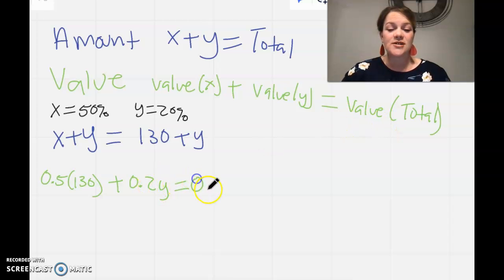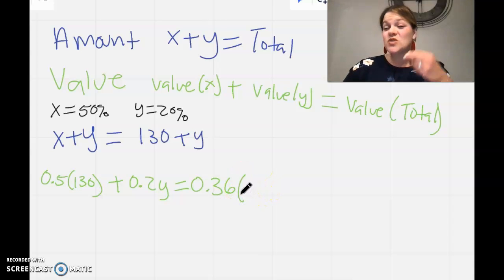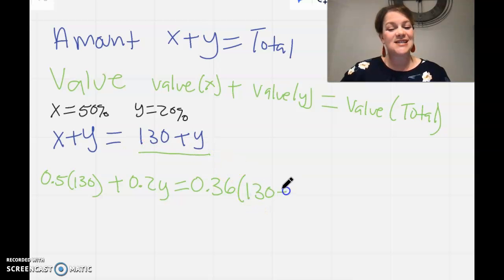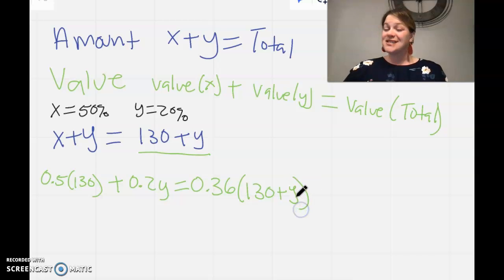Remember, this is the children's dosage, so it needs to be 36% of the solution times the total. This is where we usually had a number, but we don't. This time we have the 130 plus y. This acts as our total now. Just a little change, but still using the connections and the patterns that we've had in the past.